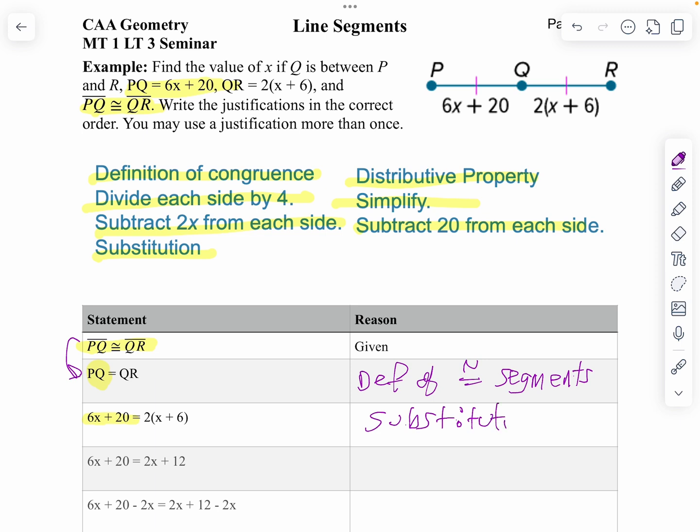When you look at the reasons, look at, hey, what am I doing from one line to the next line? Well, notice on this one, I distributed that 2 inside. So that's our distributive property.